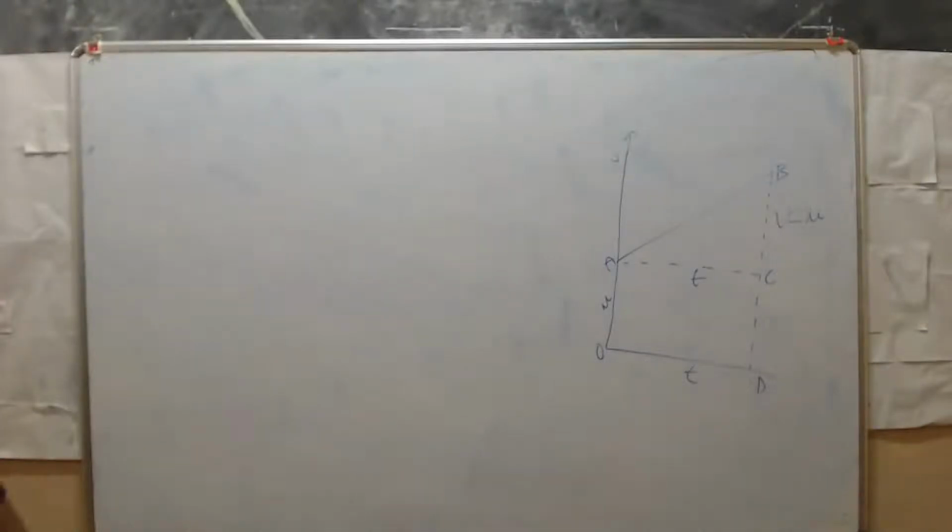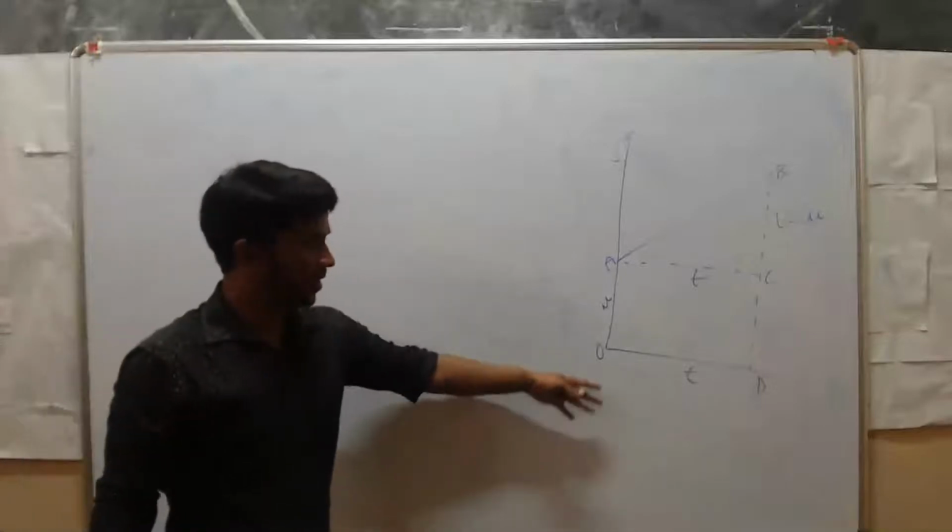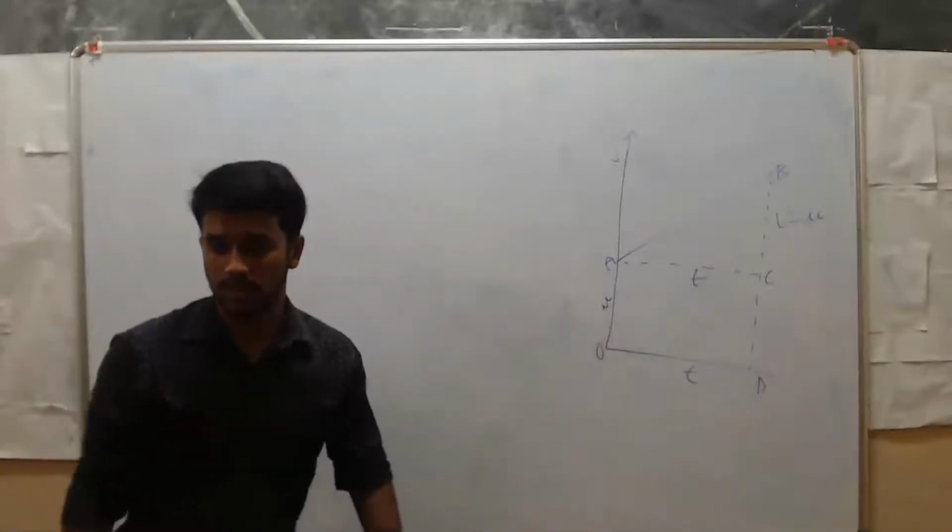Now in the figure, you can add one sentence: the velocity time graph as shown in the figure.